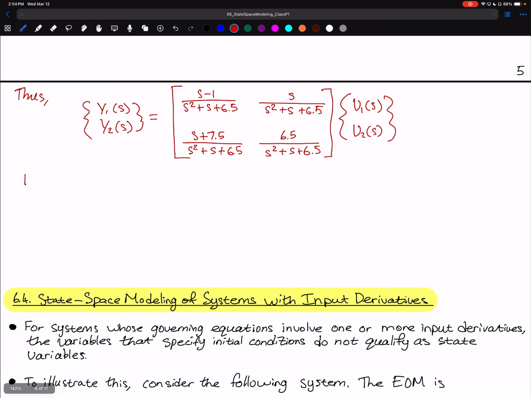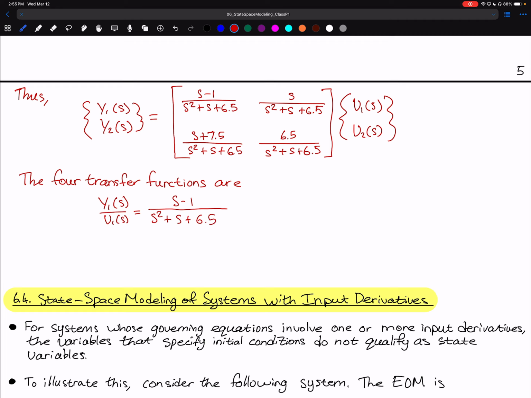So then the four transfer functions are: y1 of s divided by u1 of s is going to be equal to s minus 1 divided by s squared plus s plus 6.5.